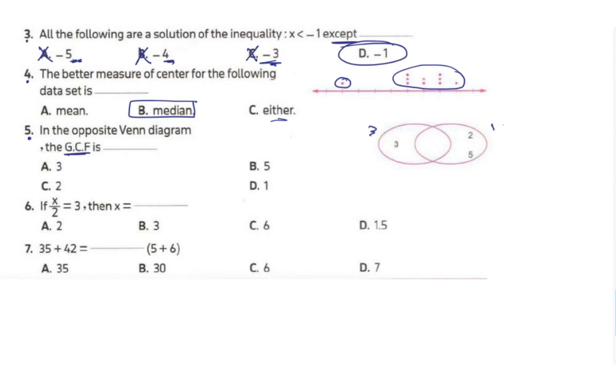This circle is 10, 2 times 5. So the GCF between 3 and 10. I know that there is no common factor between them. 3 is not a common factor. 2 is not a common factor. 5 is not a common factor. But 1, I know that 1 is a common factor of all numbers.